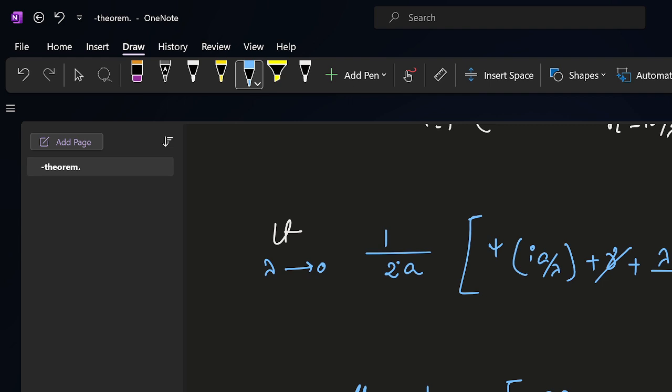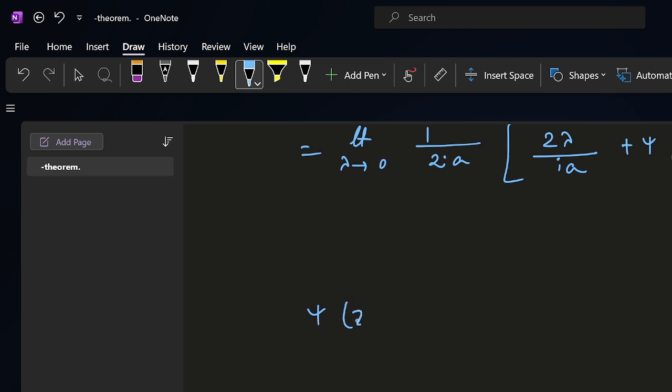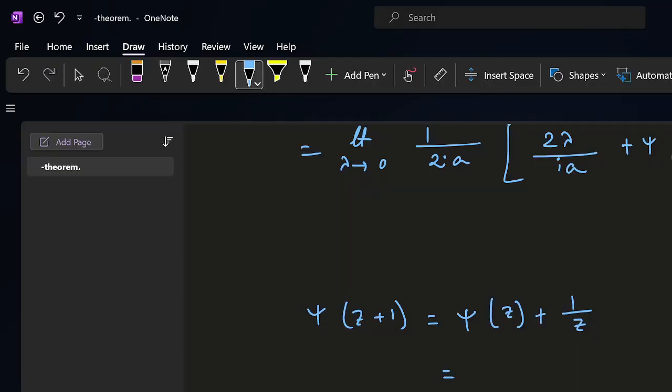Yeah, so basically we had to first start with another expression, that we had to use: psi of z plus 1 equal to psi of z plus 1 by z. This is one part, and that is equal to minus gamma plus the sum over n equal to 1 to infinity of 1 by n minus 1 by n plus z.